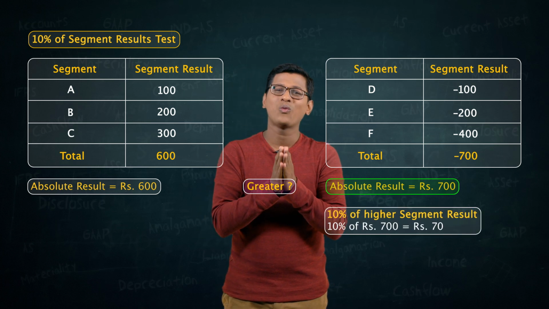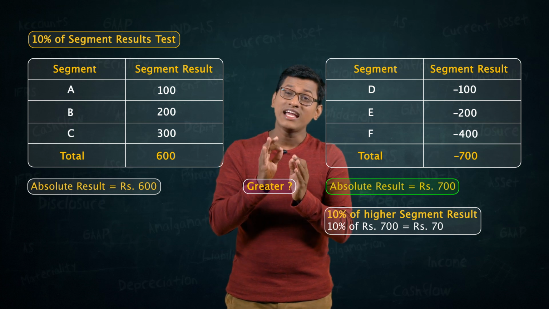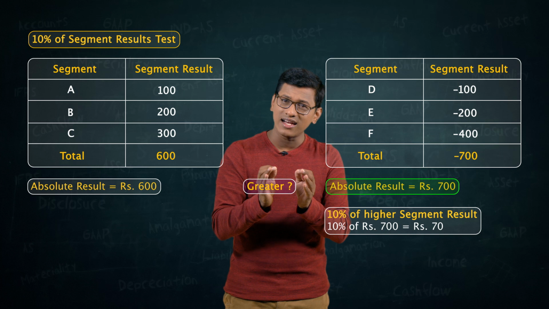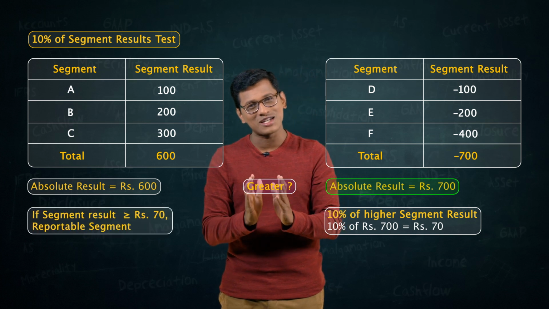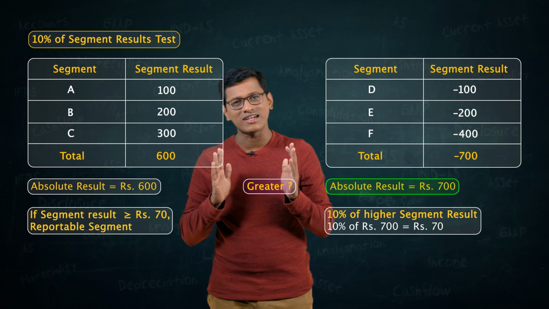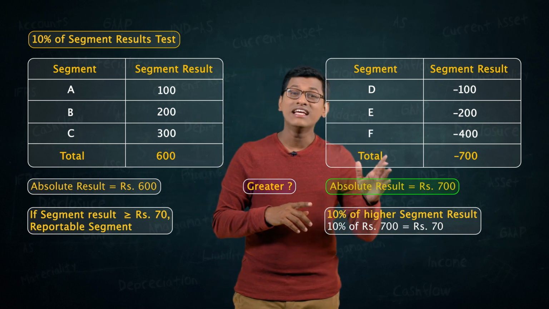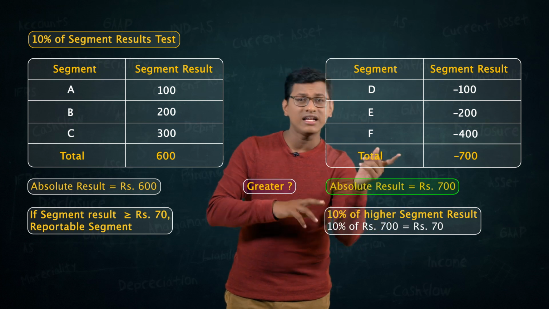Now friends, what we are supposed to do is check whether any of the segments has a segment result of greater than or equal to 70. Now, there are some segments which have negative results. Still, don't try to compare it as this is minus 100, this is plus 70.